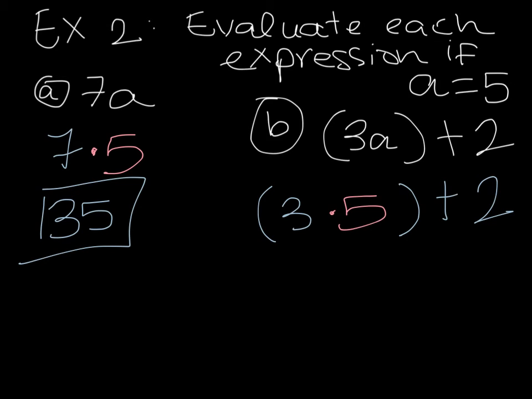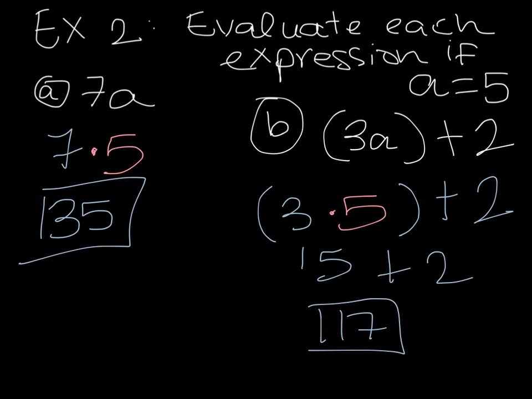Remembering that if I have no operation in between a number and a variable, the operation implied is multiplication. Okay, so now I'm just going to follow PEMDAS and simplify according to order of operations. So inside the parentheses, I have 3 times 5 is 15, and then add that to 2, 17 is my answer.